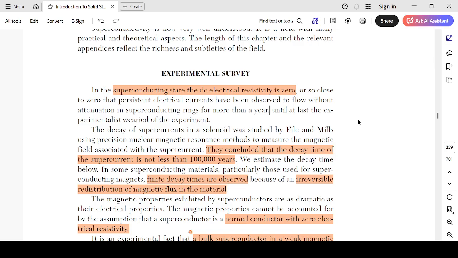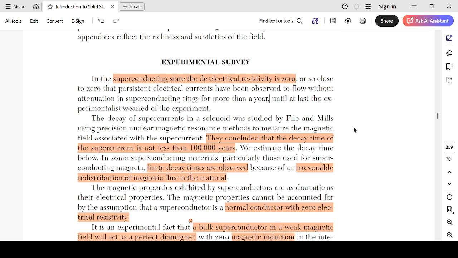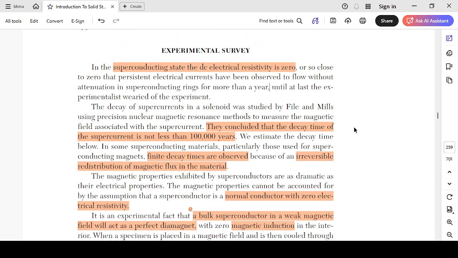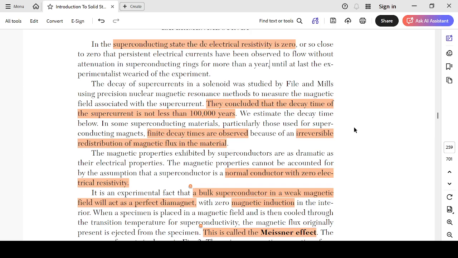After that time period, they destroyed the experimental condition and concluded that the current will flow without any attenuation for infinite time.